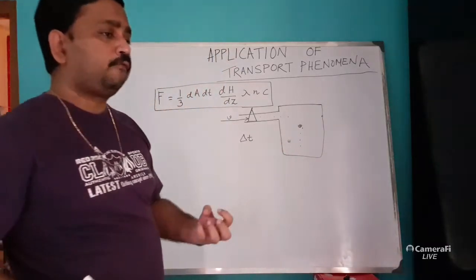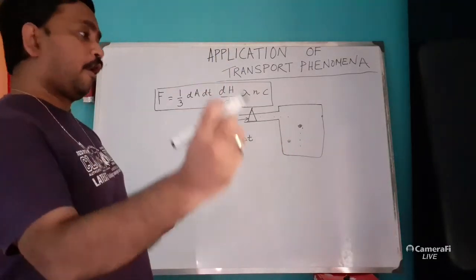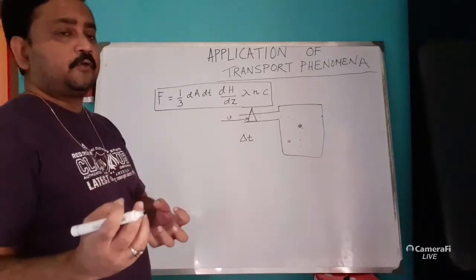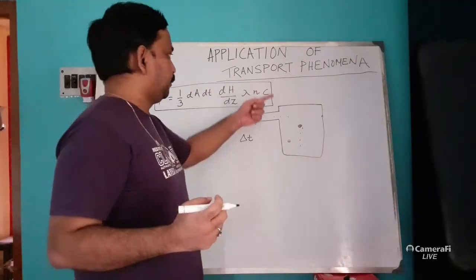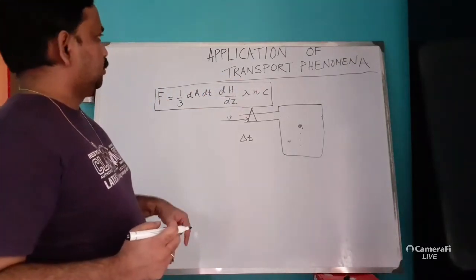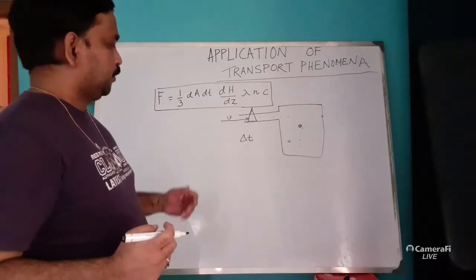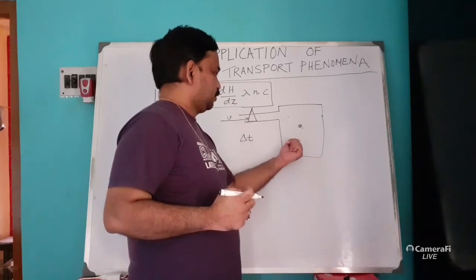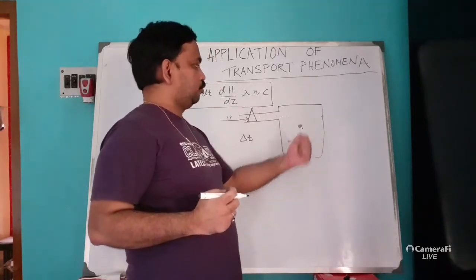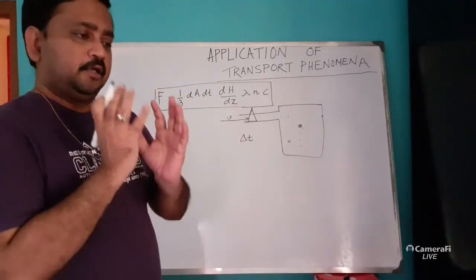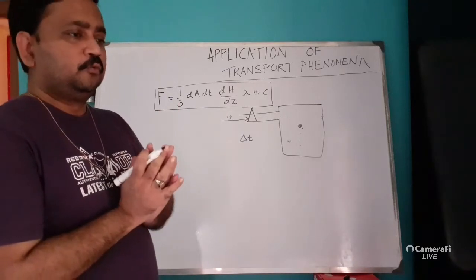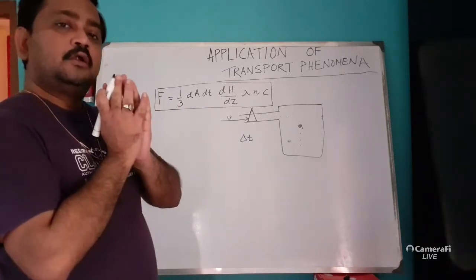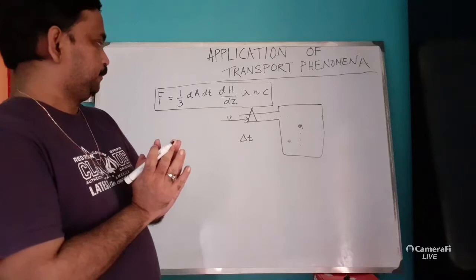So the transfer of one physical quantity to another will lead to the phenomena which is called transport phenomena, in this particular application of transport phenomena. So as the momentum is transferred from the hot molecules to the cold molecules, they attain an equilibrium which is called thermal equilibrium.